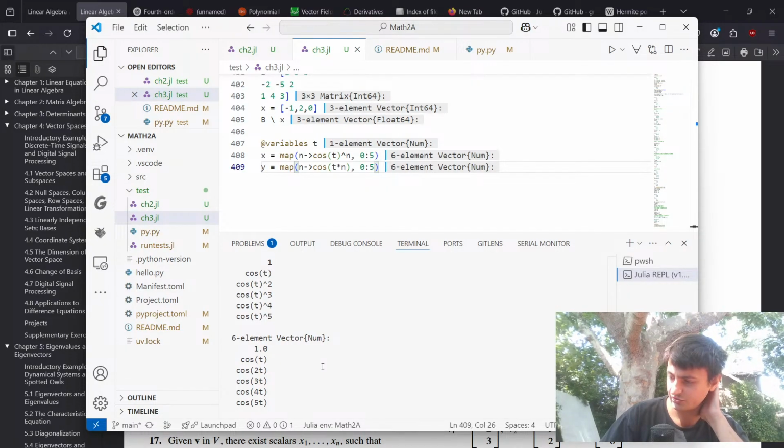So y2 in terms of the basis B, we get cos 2t is equal to some linear combination of these.